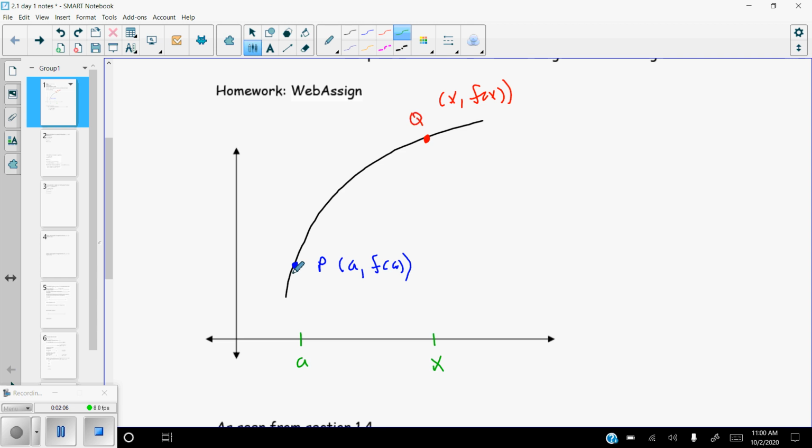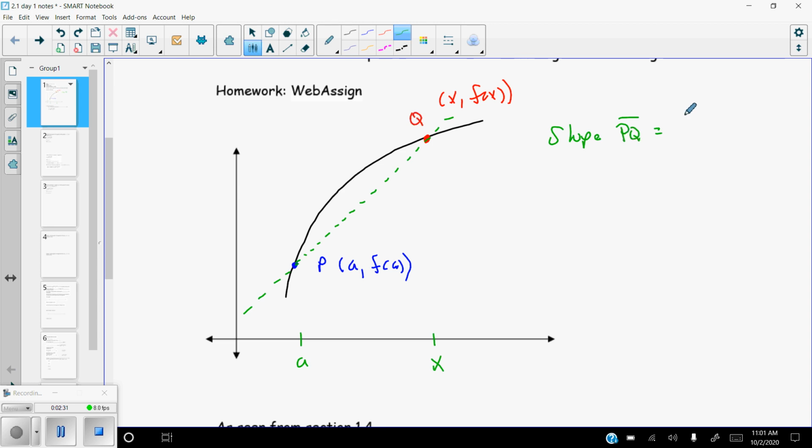Well, we know we can find the slope between those 2 points. There is a line that goes in between those 2 points, between P and Q, and we can find the slope there. That's just a slope formula. So the slope between the line segment of P and Q is going to be y2 minus y1 over x2 minus x1.